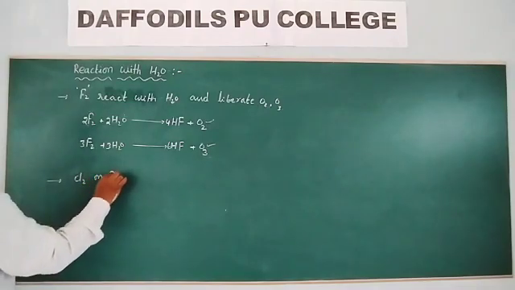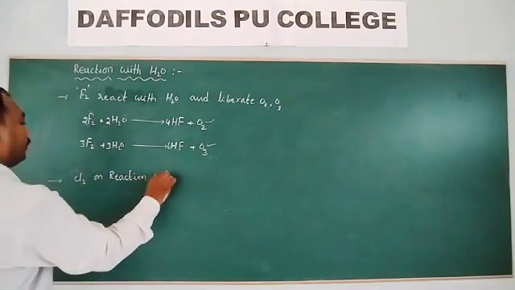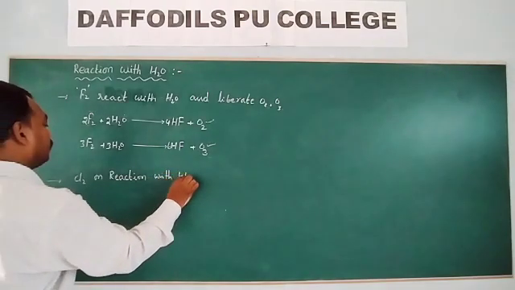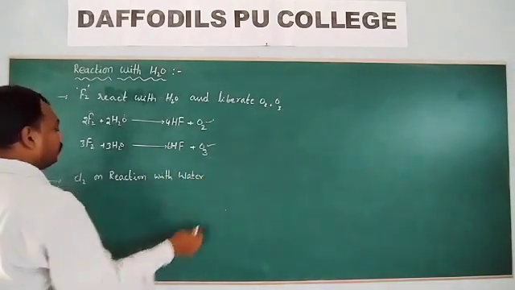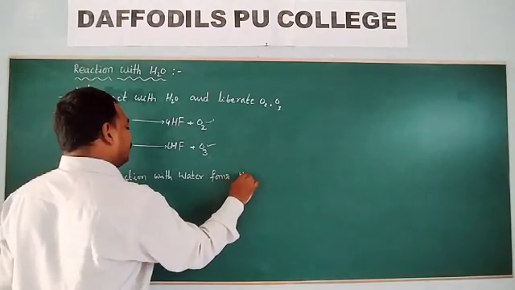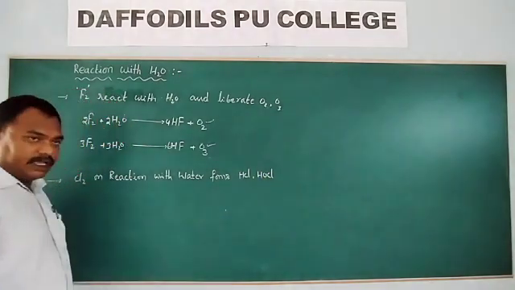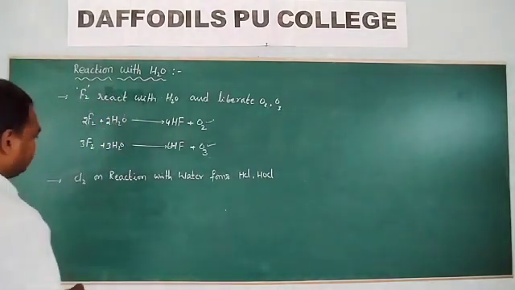Chlorine on reaction with water forms HCl and HOCl, hydrochloric acid and hypochlorous acid.